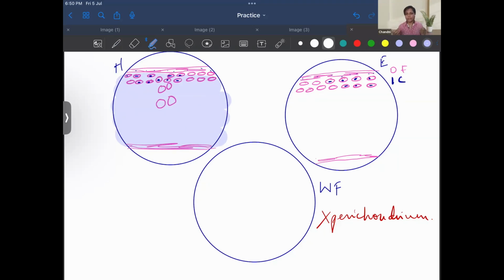You're anyway using your H&E pencils, right? So you make the entire thing slightly bluish because the fibers are scattered, and so they don't take up stain, which is why it has a very glassy look. In fact, it is called hyaline because hyalos means glass.